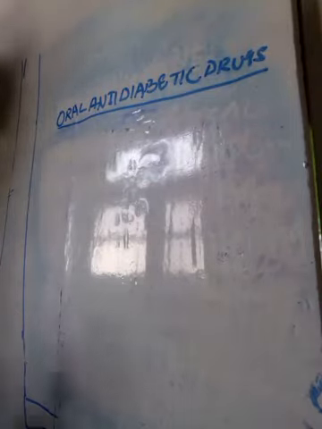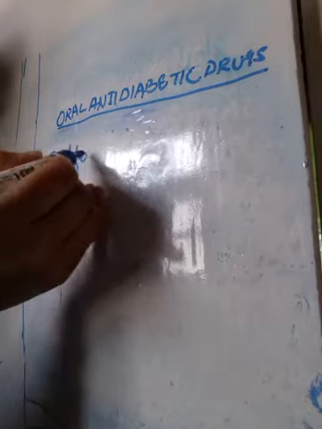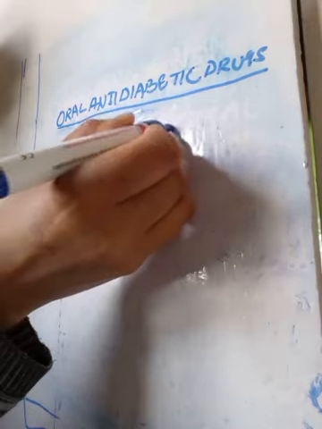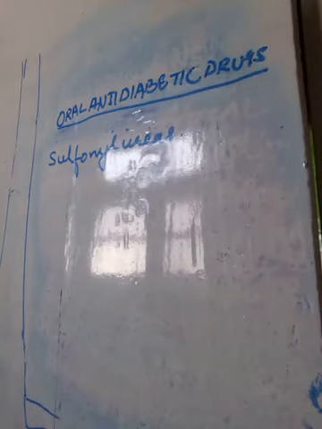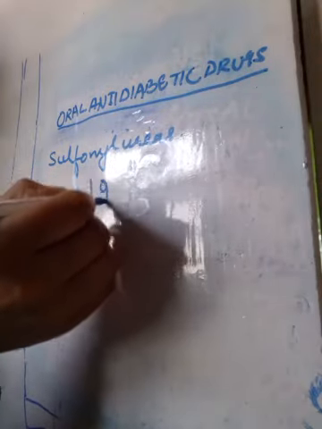Now we will study about the first group of drugs, that is sulfonylureas. Sulfonylureas were the first drugs to be introduced in oral antidiabetic drugs. These were made available in 1950s.